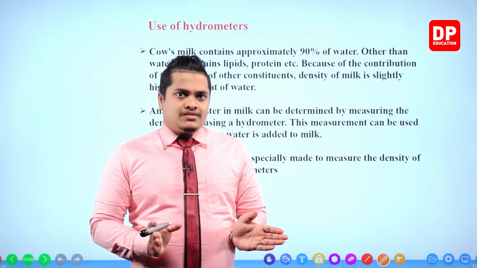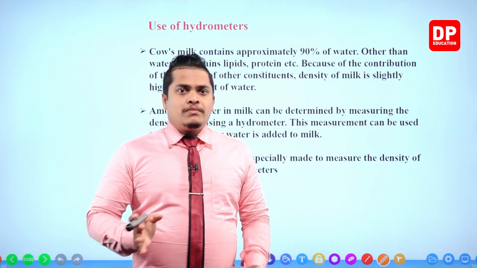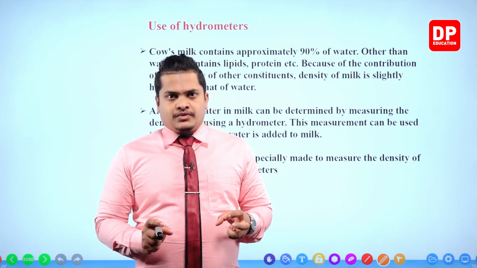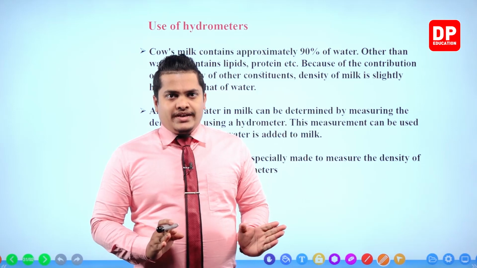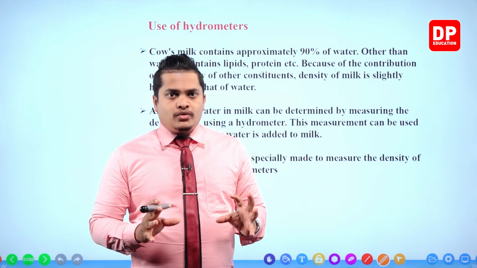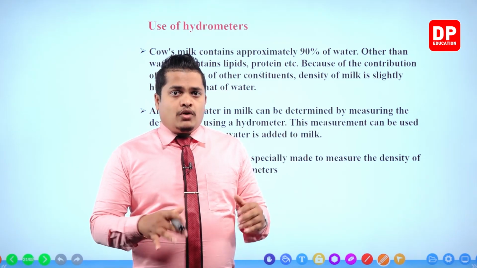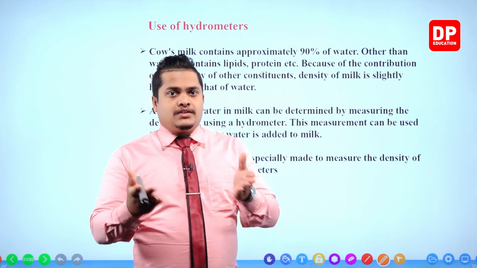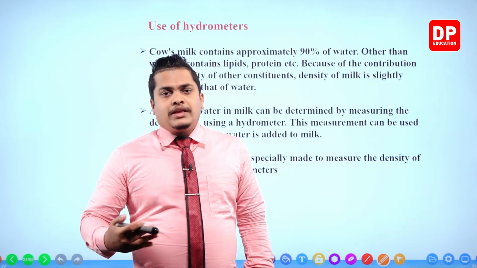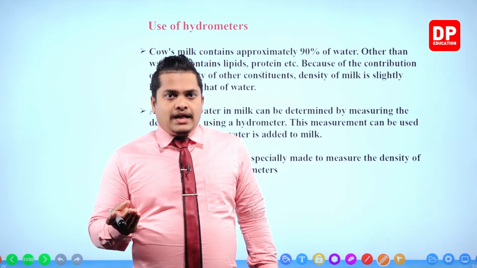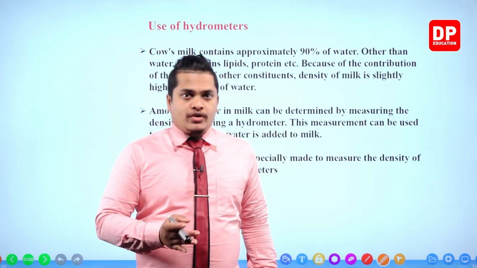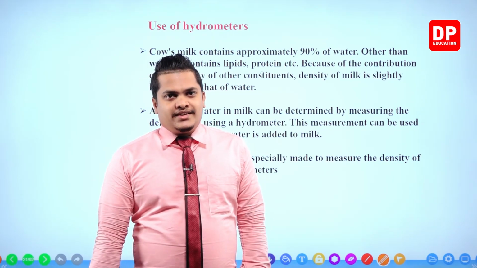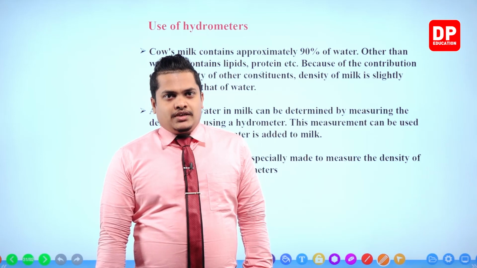So some farmers add more water in order to increase the volume. However, my dear children, when you check the density of normal milk and the milk which is added with water, the densities are going to differ. Density is going to change.